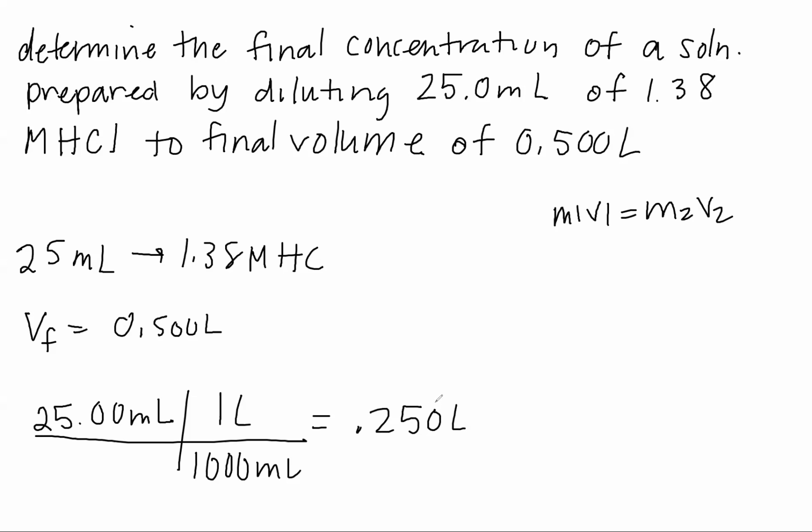And then we can say we have this moles, okay? We have our moles of HCl. So if we have our moles of HCl, what can we do? We could take the 1.38, 0.250.